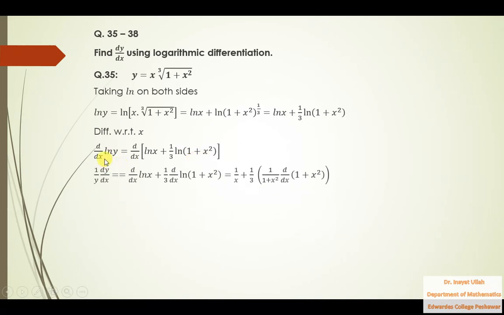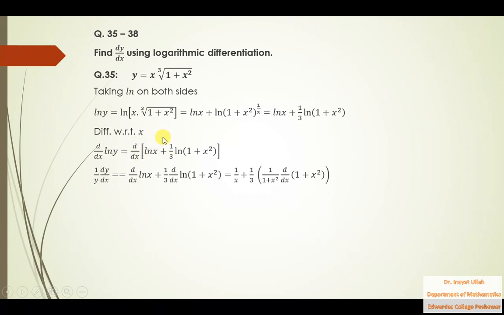Now from the left hand side we see that that is the derivative of log of u, and we know that derivative of log of u is 1 by u. Instead of u, y is here, so that is 1 by y into derivative of y.